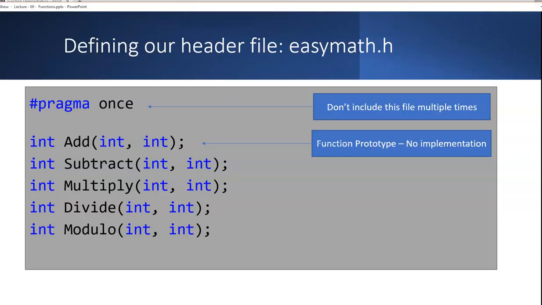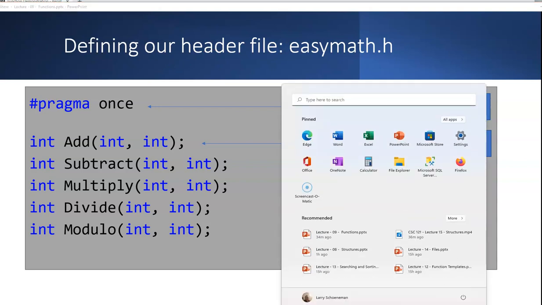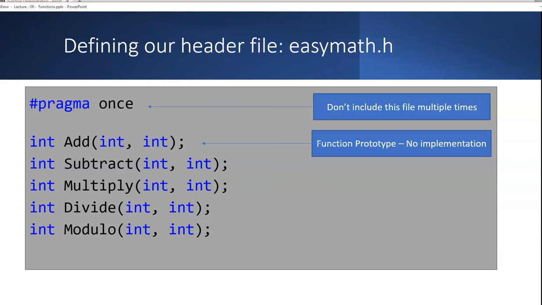Okay, and what we're going to want to do here is we're going to create these methods: add int, subtract, multiply, divide, and modulus. And they're all going to take integers.